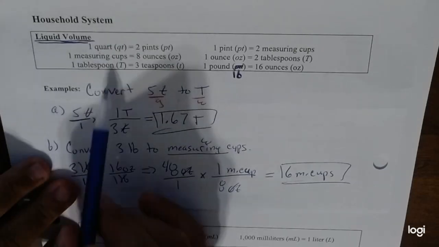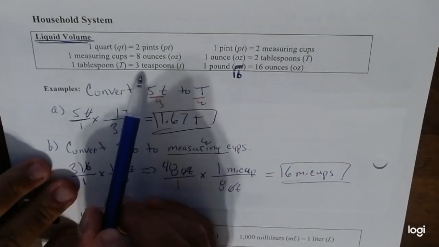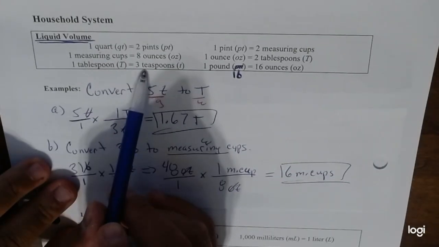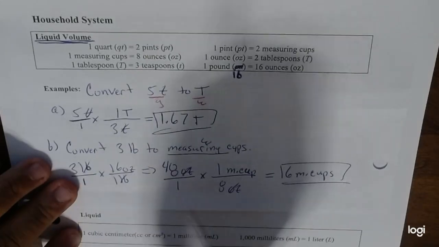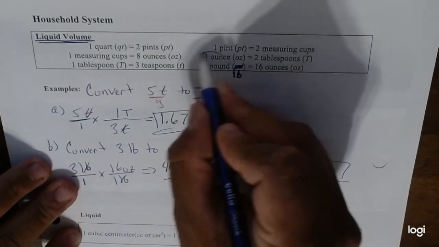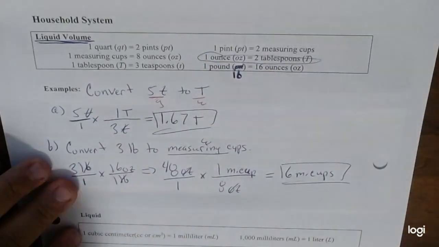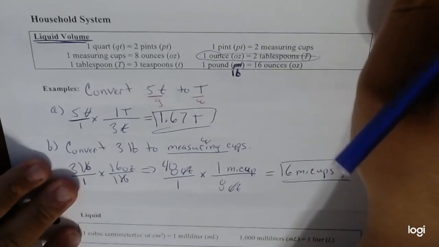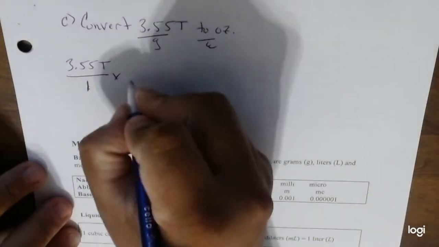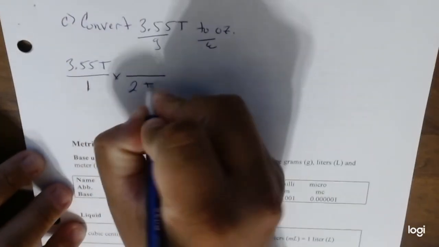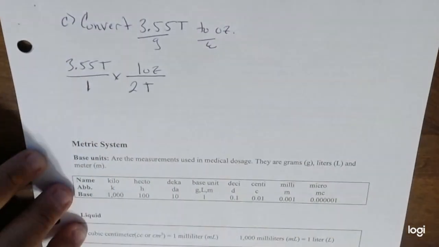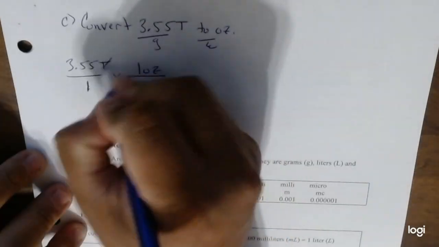Do we have anything measuring cups? Oh yeah, you can go this way, go from here to here, and vice versa. But again, the most direct way would be go from there to there, right? So 1 ounce equals 2 tablespoons. So there are 2 tablespoons for every 1 ounce, right? Tablespoons at the bottom.